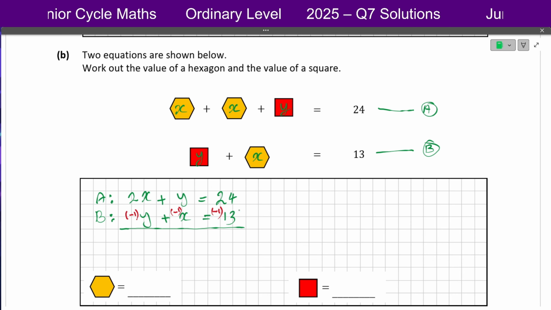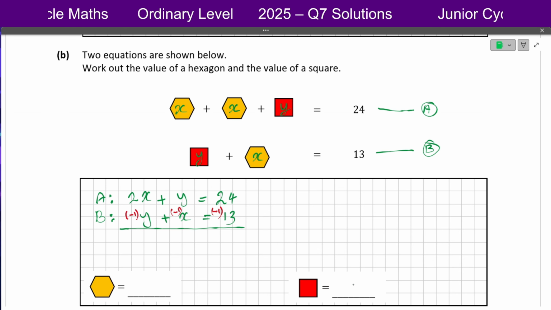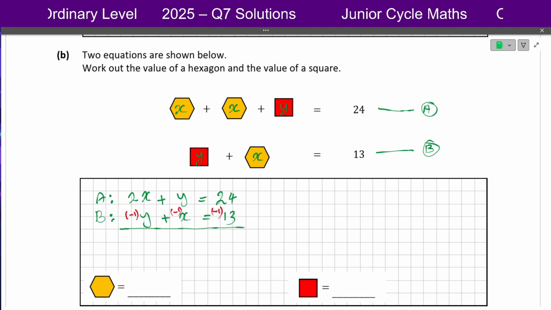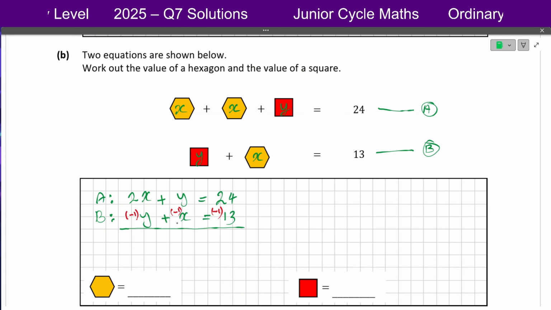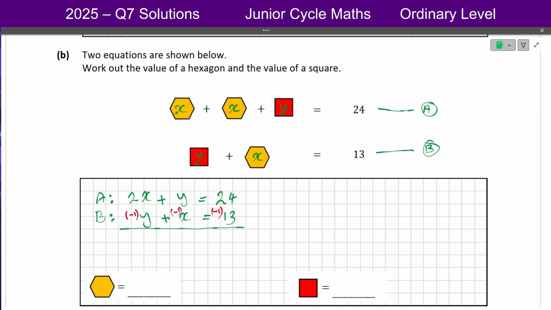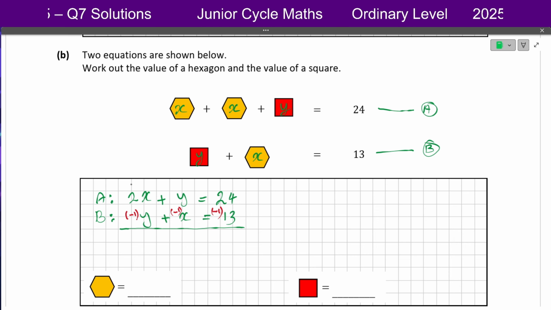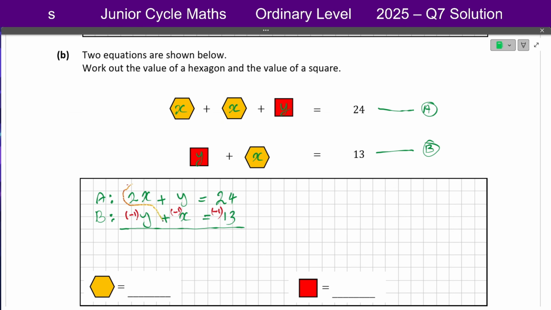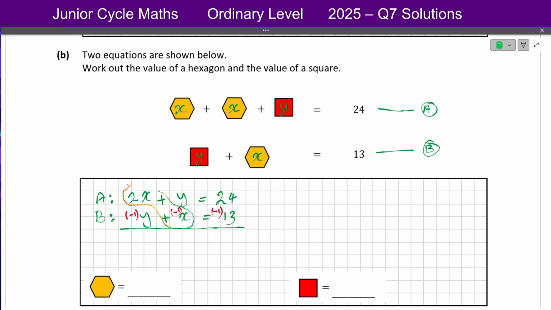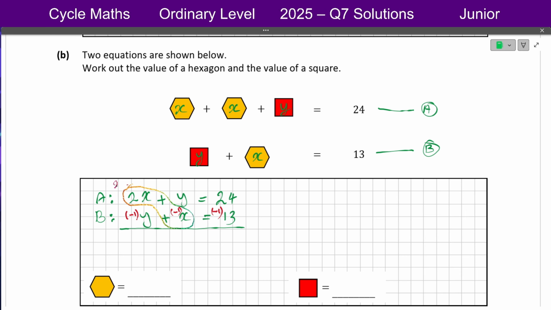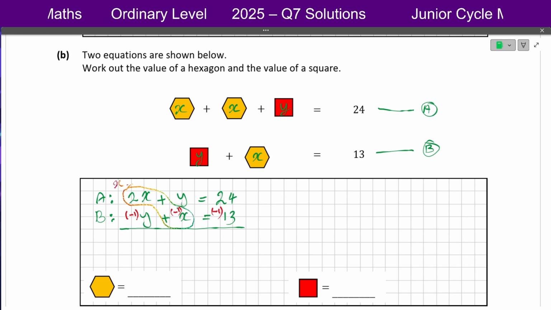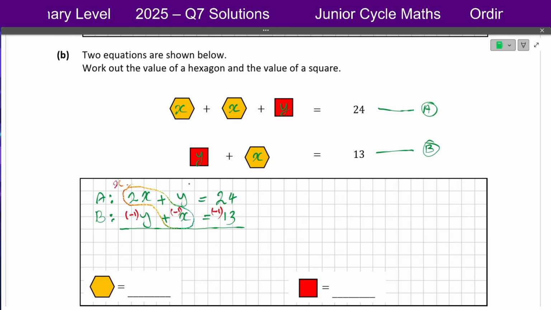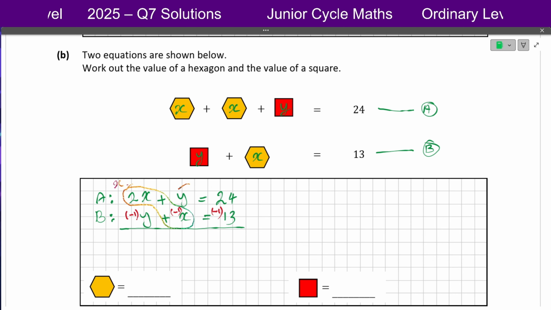As you see, if we take the first term of the first equation and the second term of the second equation, we get 2x minus x, and that gives me just 1x. 2 plus minus 1 equals 1. And also the second term here, we can say maybe y.